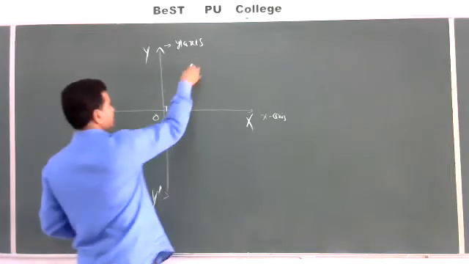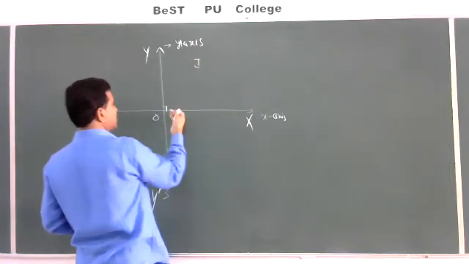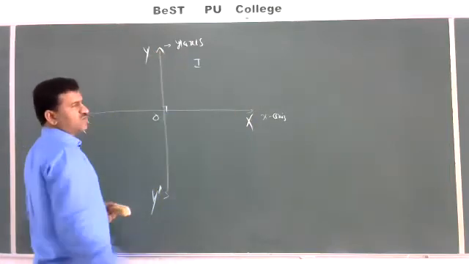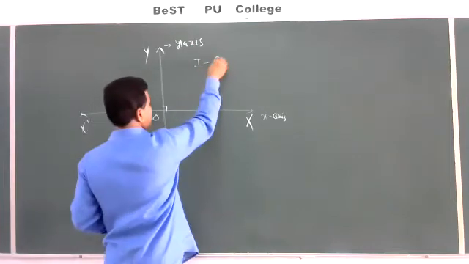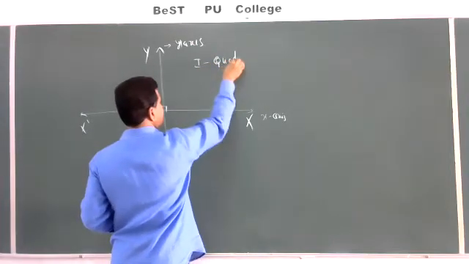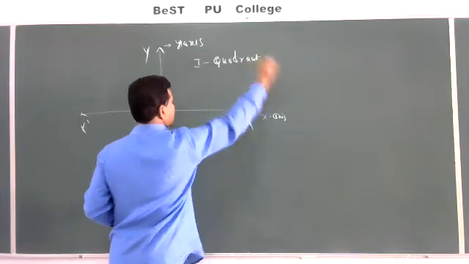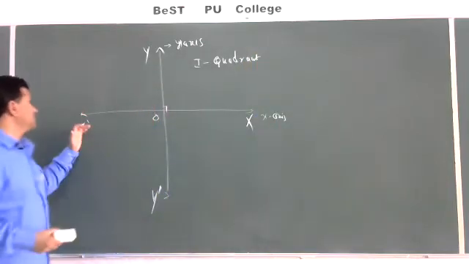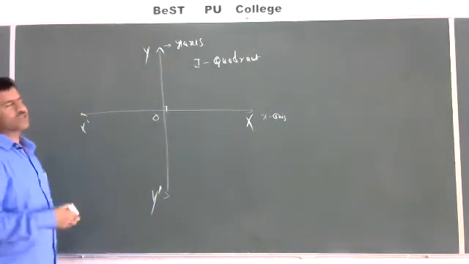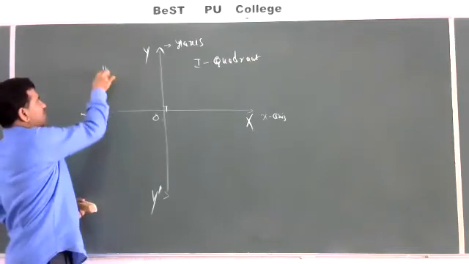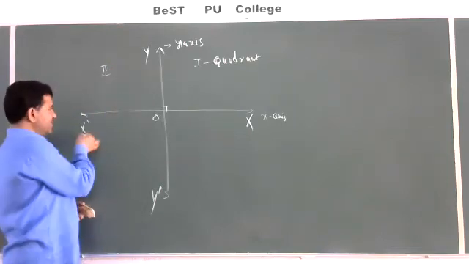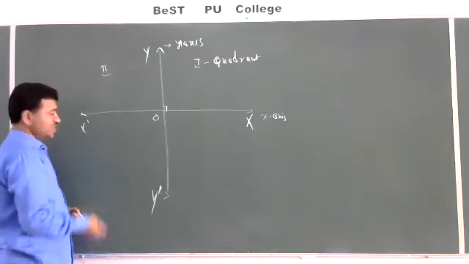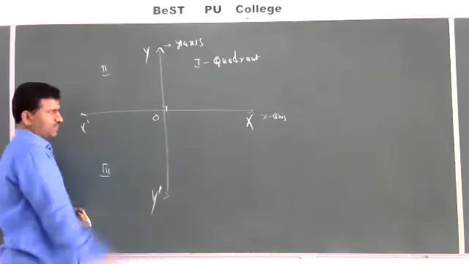The region XOY is called the first quadrant. Next, the X dash OY region is the second quadrant. The X dash OY dash region is called the third quadrant.